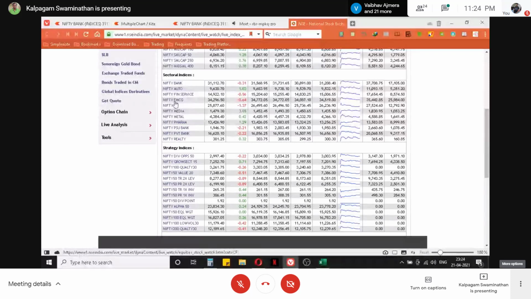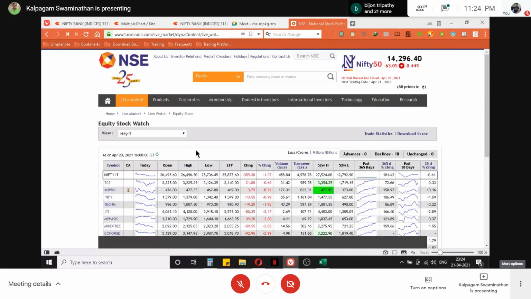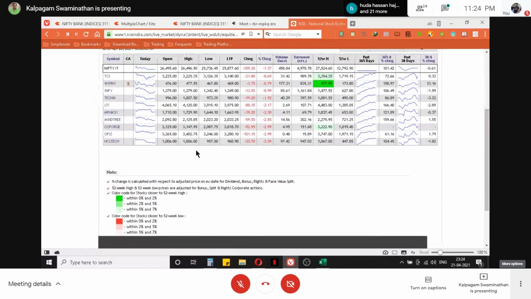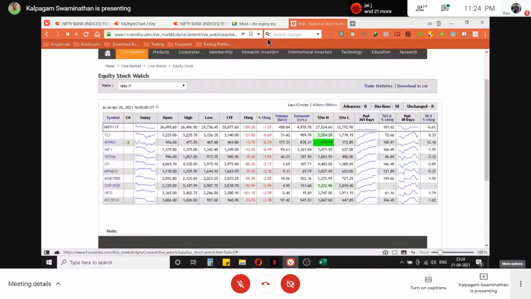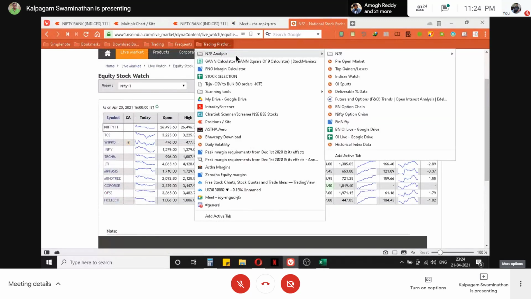For example, FMCG was the top loser, and Nifty IT was the top loser the day before yesterday. You look at the top 3 or 4 stocks and choose any of these for your stock option trade. The other way is to look at top gainers and losers and decide which stocks you want to pick.